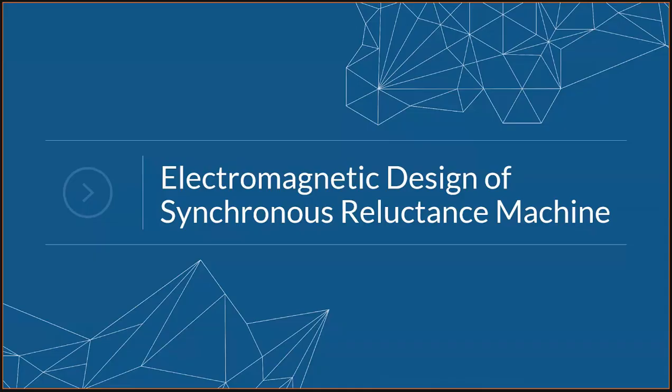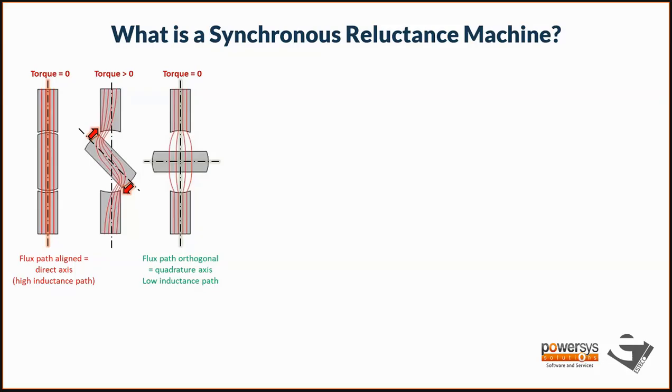So with that, let's jump into the main topic, electromagnetic design of the synchronous reluctance machine to begin with. To understand that, first let me start by explaining what a synchronous reluctance machine is. So the image here is showing a flux path in red lines through a magnetic material, which in this case is steel. And the outer portions are static, and the center piece is called the rotor, which can rotate on its center axis.